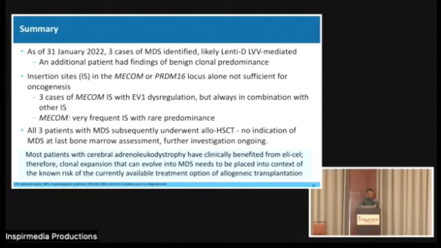So that having been said, most patients with cerebral ALD have benefited from this gene therapy, and we have to carefully weigh the risks and benefits here, okay?